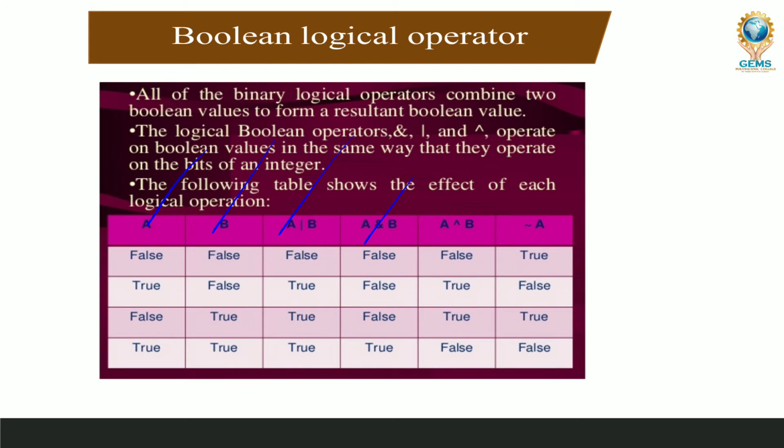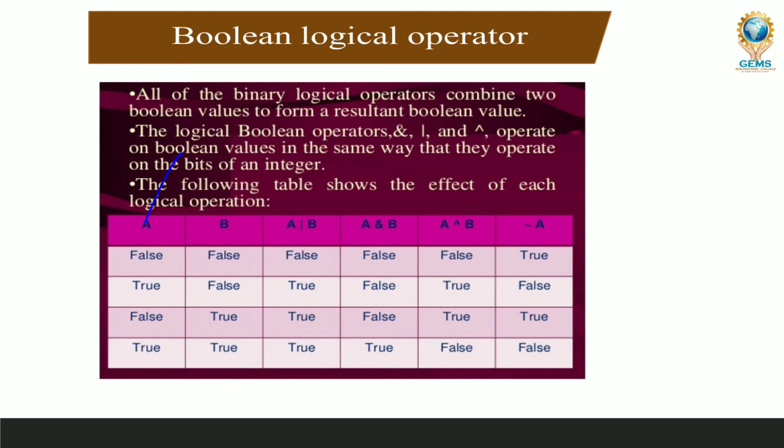Look here. A and B, two inputs are there, and based on these inputs the output will be there. This is the OR operator, this is the AND operator, this is the XOR operator, this is the negation operator.